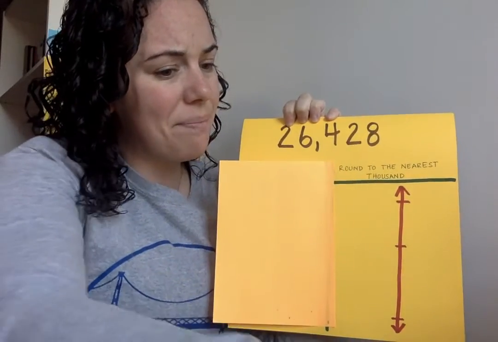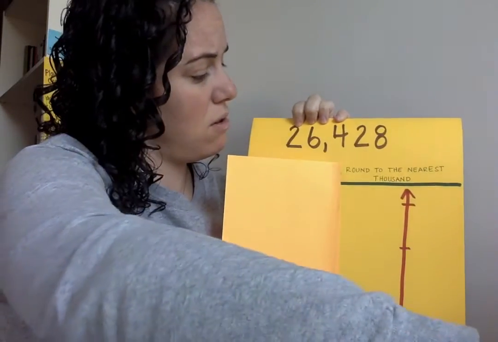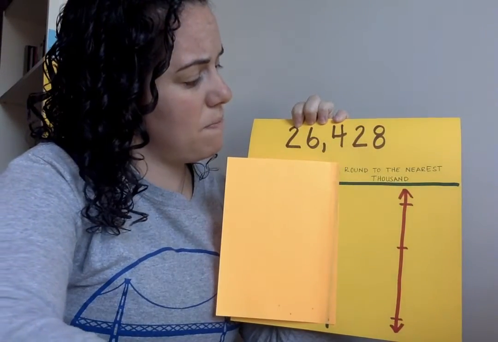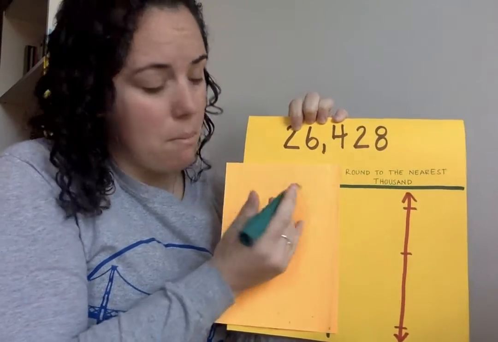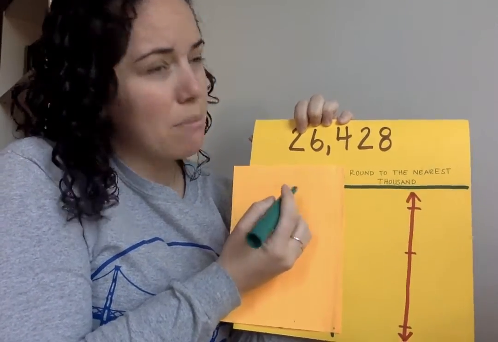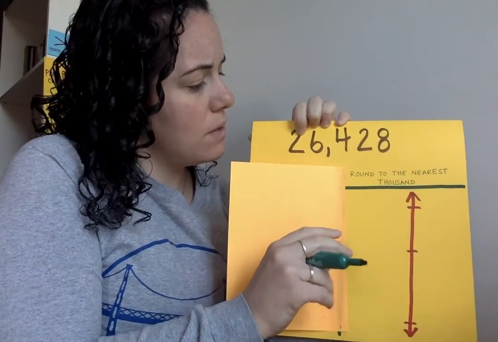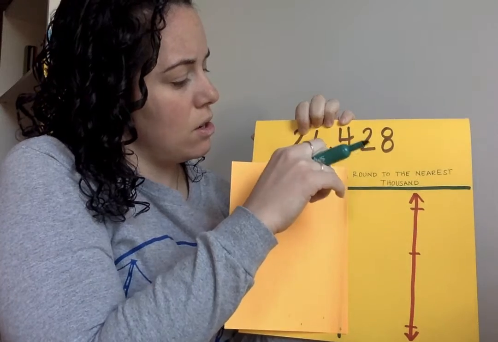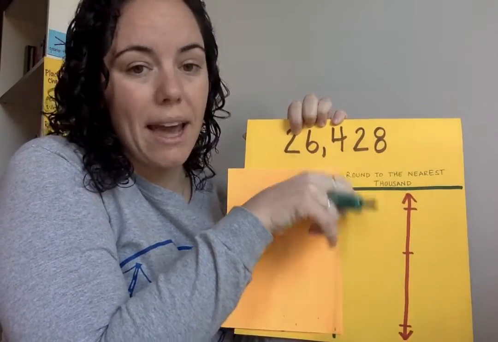So here, this is where I think skip counting really helps. I'm going to skip count again by 1,000, and I'm going to think to myself, which two thousands does 26,428 fall between?